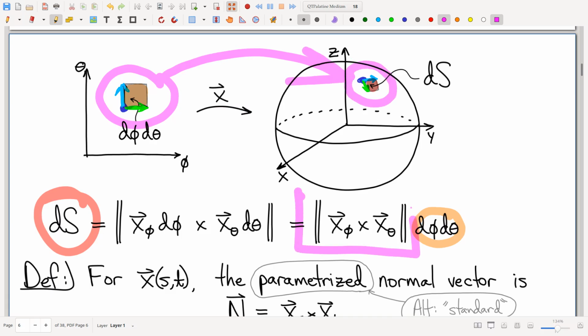And you can even probably kind of see how this is going to work roughly. This is roughly a little bitty parallelogram. It's a parallelogram in 3 dimensions. We have a formula for how to write down the area of a parallelogram in 3 dimensions. This goes back to Chapter 1, arguably goes back to Math 219, and it's the magnitude of the cross product of the edge vectors.